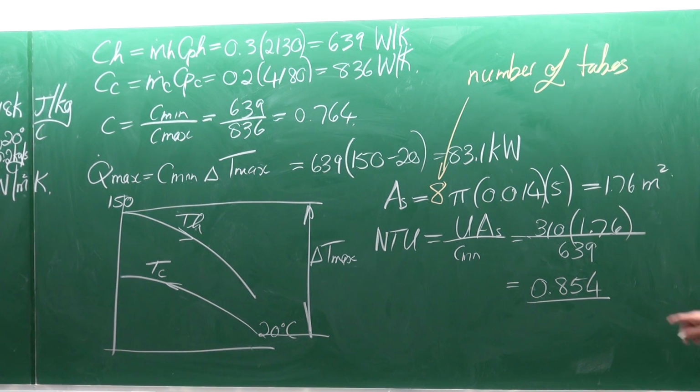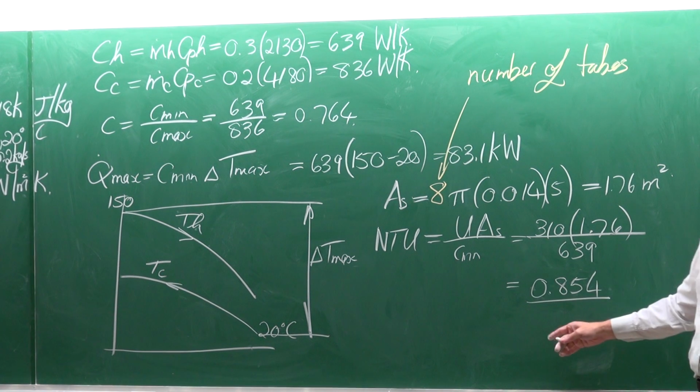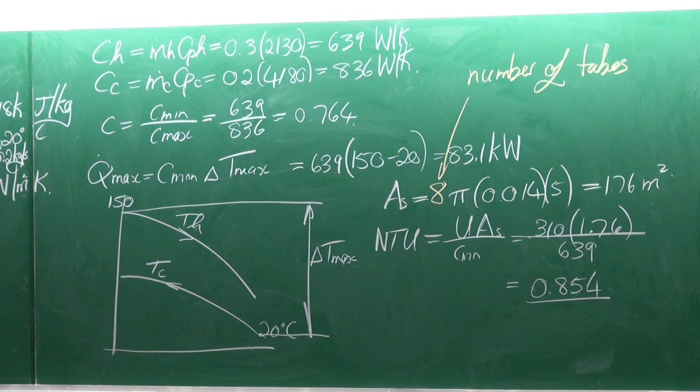I hope you remember a 0.854 value would tell you that for this heat exchanger, there is potential to really improve its performance significantly by just increasing the surface area. Typically order of magnitude 1.5, 2, from there on you wouldn't like to do it. But in this case, from this, it should be clear.